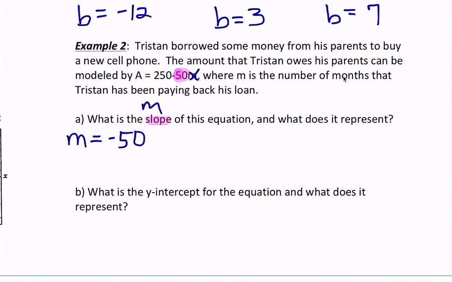So remember, your slope is your rate of change. So let's think about what's happening in this story. I know he borrowed money, and he's paying his money back, right, to his parents. So in this story, what is this negative 50? What does this rate of change represent? Well, if I borrow money and it's going down by 50 every month, I know that is telling us he pays his parents $50 every month.